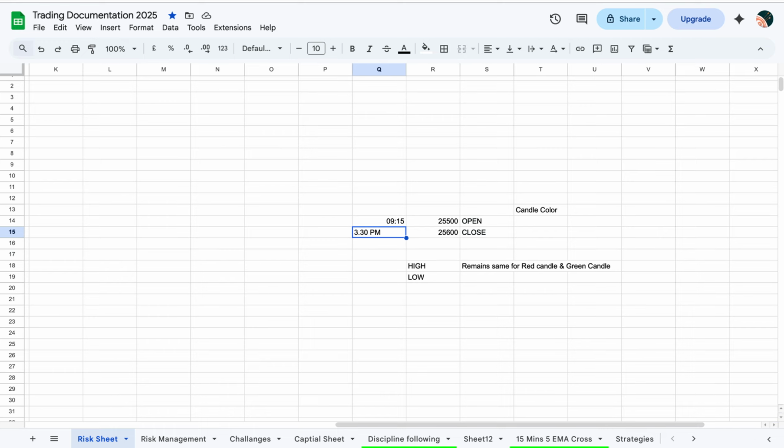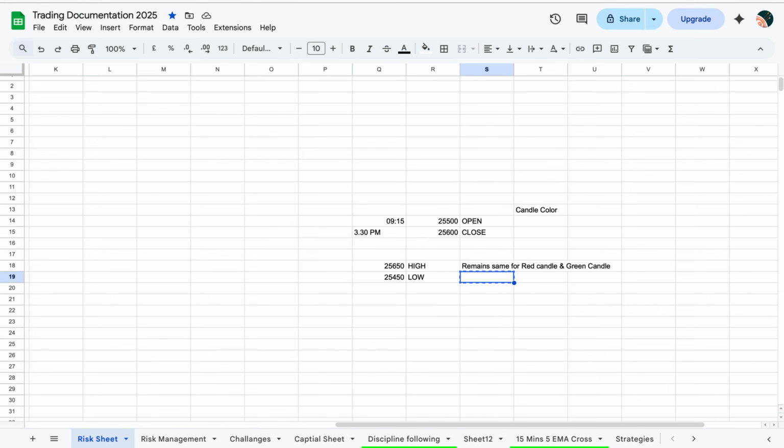At 9:15 the market opens, at 3:30 the market closes, and within 9:15 to 3:30 there is a price movement. If the market opens at 25,500 and closes at 25,600, it doesn't mean that the market should trade only between 25,500 and 25,600. Within the day it may reach 25,650, which is the high of that particular day. Again it may go down to 25,450, which is the low of that particular day.